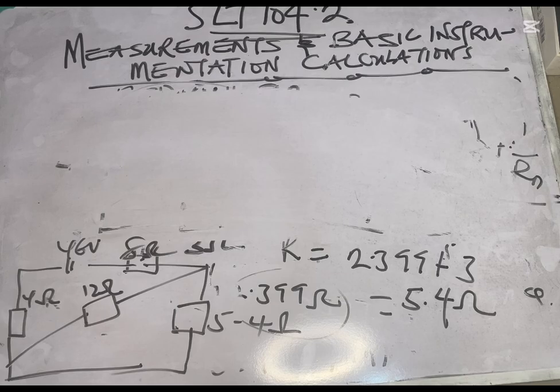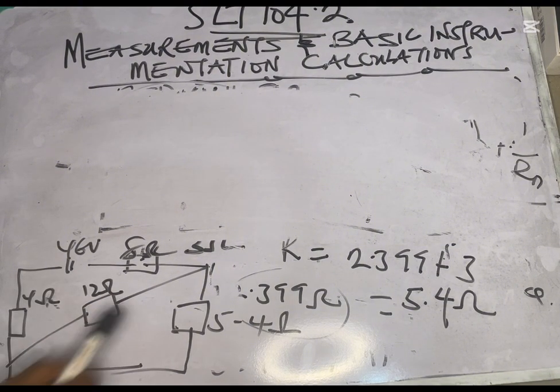All right, so now if you look at it very well, you would also realize that the 5.4 and 8 ohms, and the 5.4 and 4 ohms, they are separated by this diagonal 12 ohms.